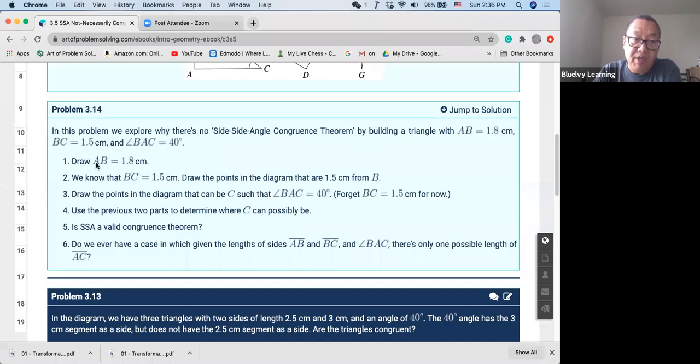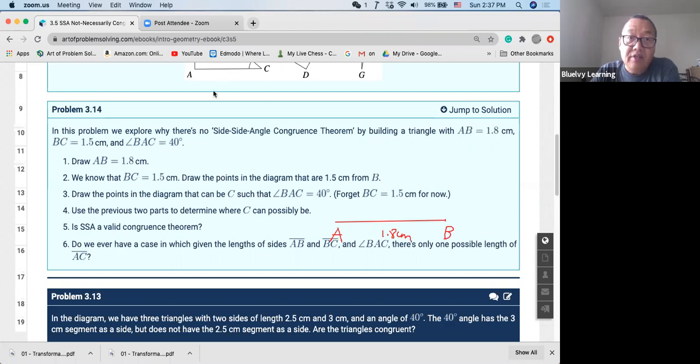So first, draw AB equals 1.8 centimeter. This one is easy. We draw AB. Suppose this segment AB equals 1.8 centimeter. Then we know that BC equals 1.5 centimeter, so draw the points in the diagram that are 1.5 centimeter from B. So how to draw this?